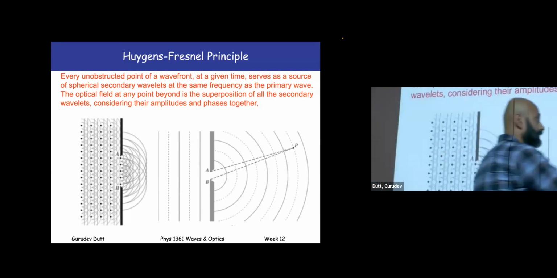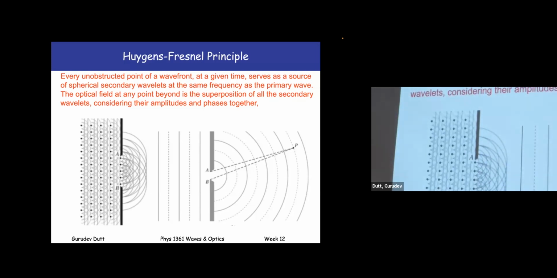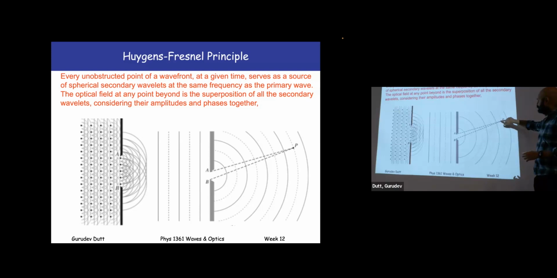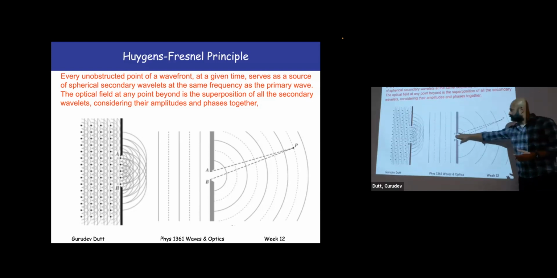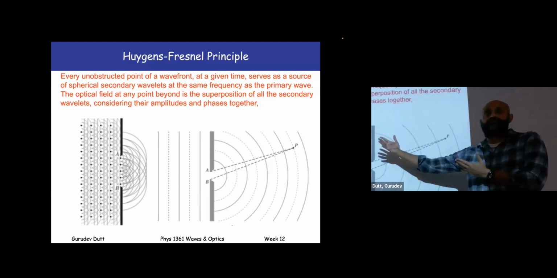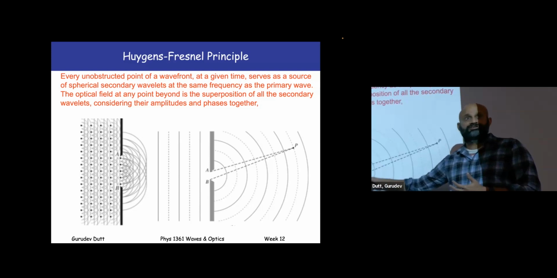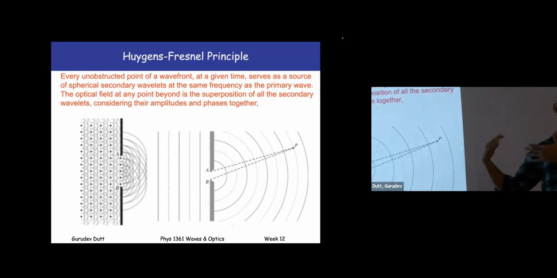Let's look at some point P, which is somewhere out here, and look at the path length from this edge and this edge. I'm just taking those two edges as the extreme points in the slit. Of course, we can ask about what's happening at any other point in between, but I'm just taking the extreme points to illustrate what the conditions are for interference.